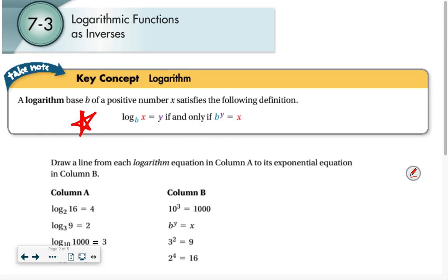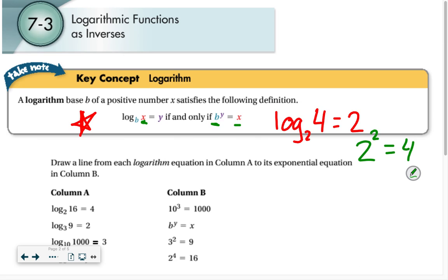Okay, so let's try an easy one. If I had log base 2 of 4 equals 2, this 2 becomes our base, okay? So we have 2. Our answer becomes our exponent. And then what you have here for your x now becomes your answer.